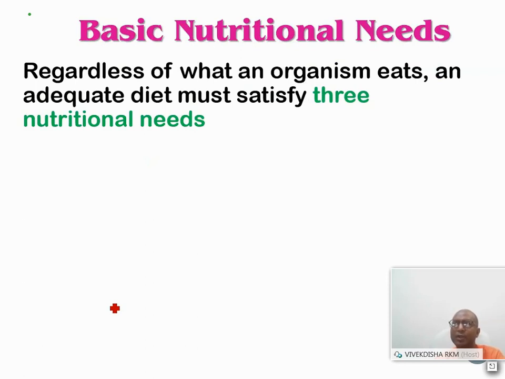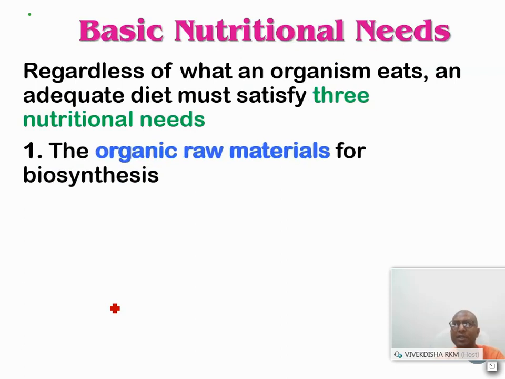Whatever may be the organism, everybody is eating, maybe from outside or generating something inside, and then taking it as food. So what is the necessity to take food? There are certain necessities. First one, what are the needs? Then it should be known as the nutritional needs, from the standpoint of nutrition, not from other standpoints.